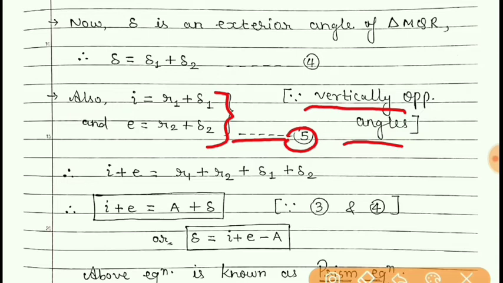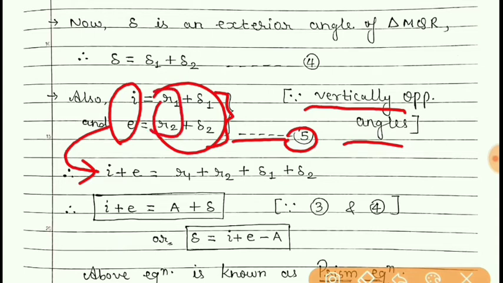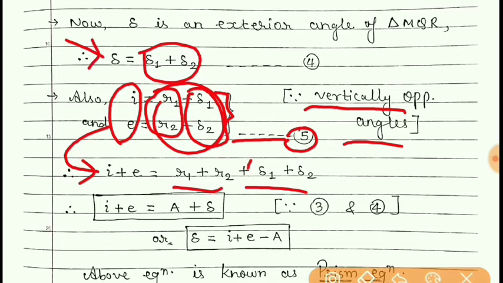Now simply adding left left and right right. On left side we will get I plus E, and on right side R1 plus R2 plus delta 1 plus delta 2. But what is delta 1 plus delta 2? It is delta. So in place of this we will write delta. And what is R1 plus R2?